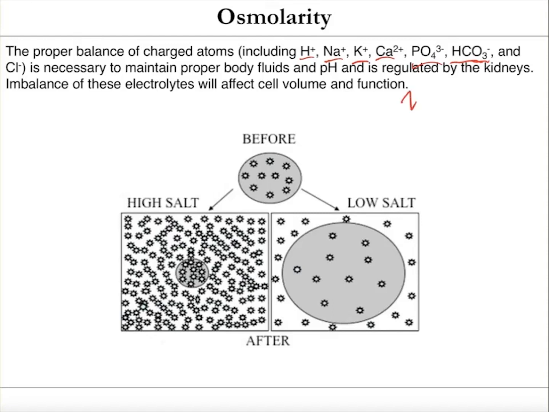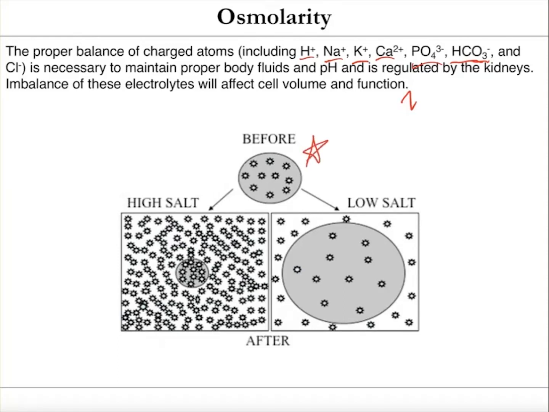This is regulated by the kidneys. If you take in too many salts, your kidneys have ways to excrete them. This is because an imbalance of these electrolytes will definitely affect your cell volume and your cell function.